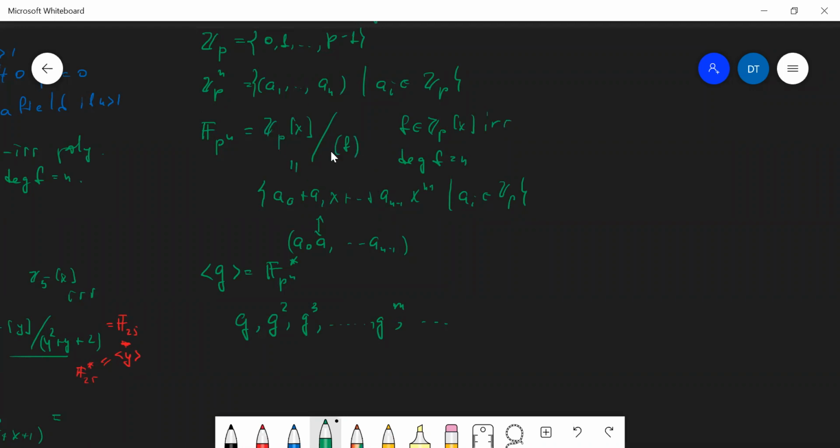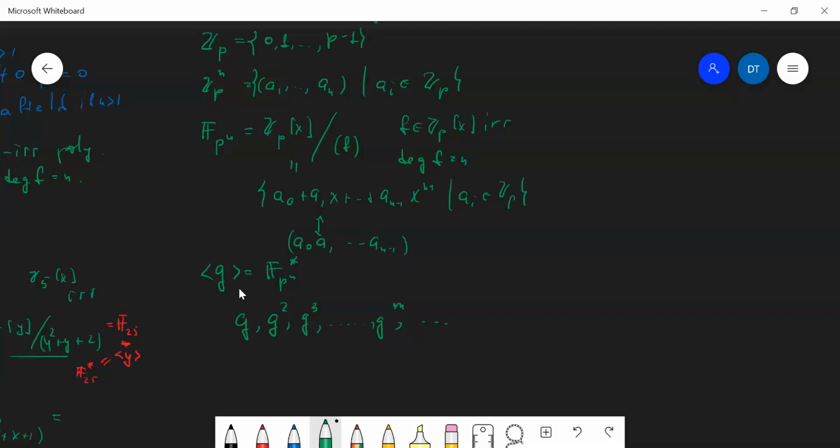Well, explicitly, this ring of remainders consists of these elements. These are just polynomials of degree strictly smaller than n, with coefficients in Z_p, and they are in one-to-one correspondence with the sequences of length n.